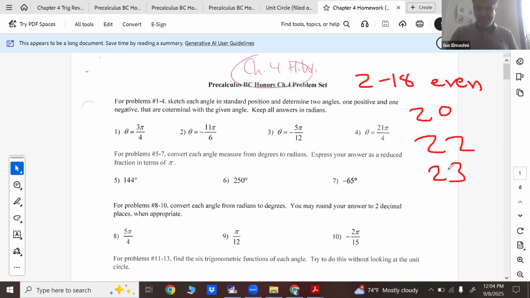I'm going to cross off 24 because you guys know it, actually no, I do want to keep 24.